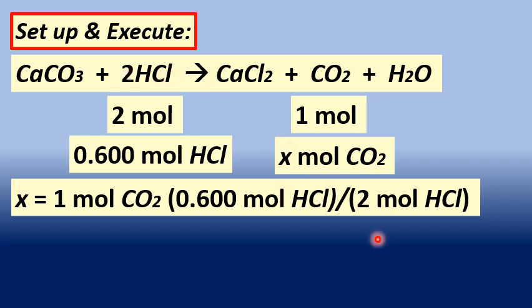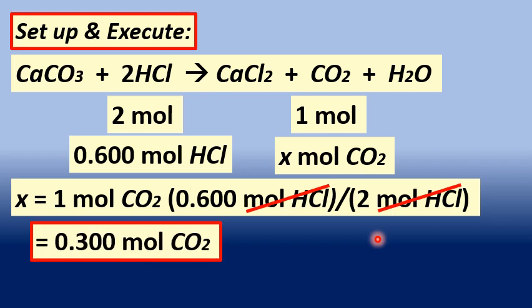So when you do the math, we will get the value of x equal to 0.300 moles of carbon dioxide. Moles hydrochloric acid gets cancelled. That's why this value of 0.300 represents the number of moles of the product, or one of the products, carbon dioxide gas.